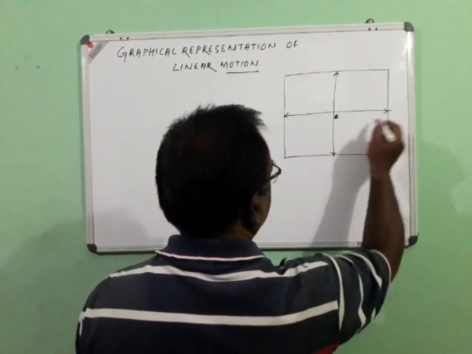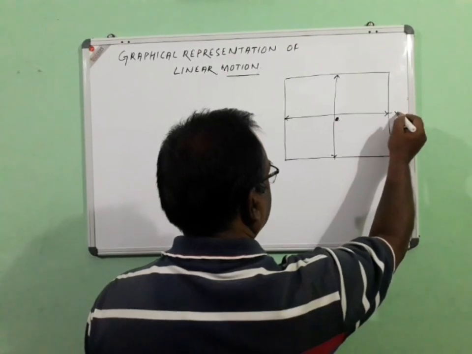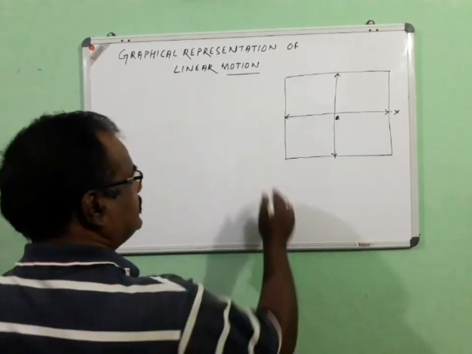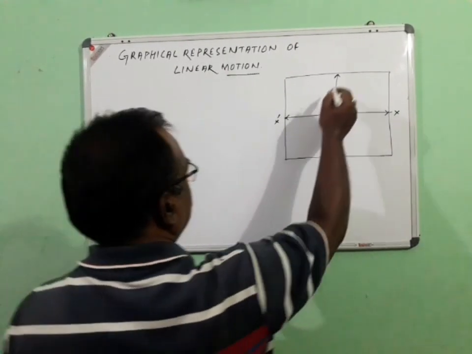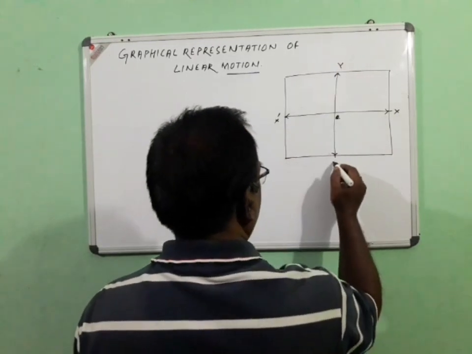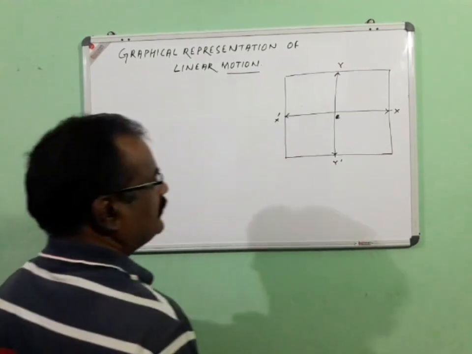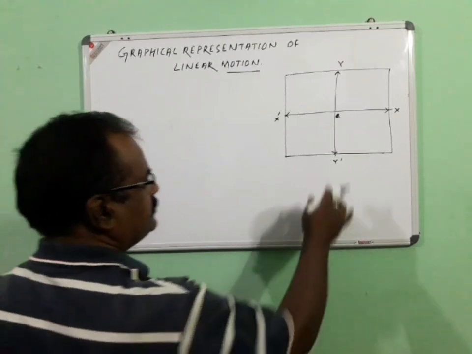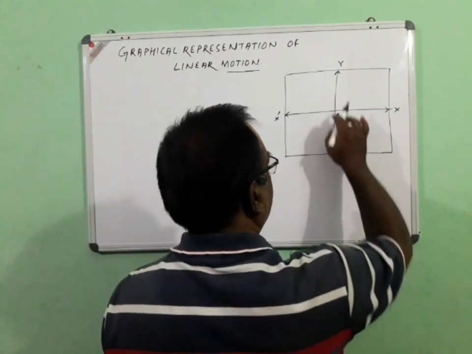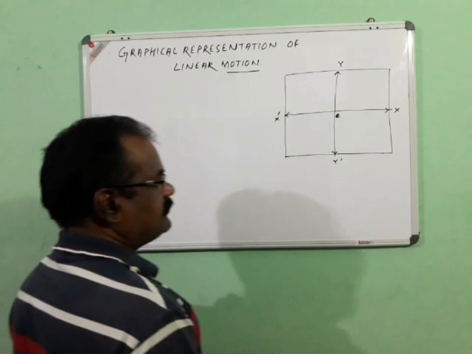The horizontal line is your x-axis, x dash, and the vertical axis is y dash. The x-axis is otherwise known as the abscissa, and the y-axis is known as the ordinate.